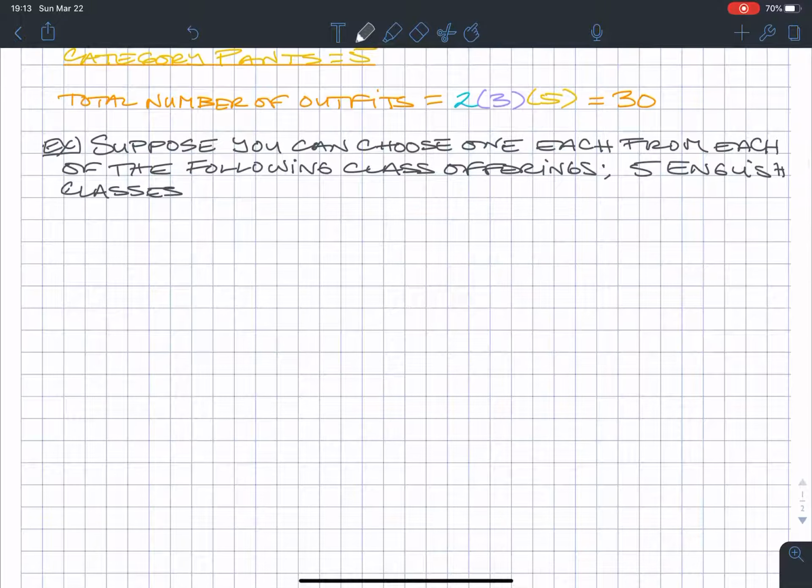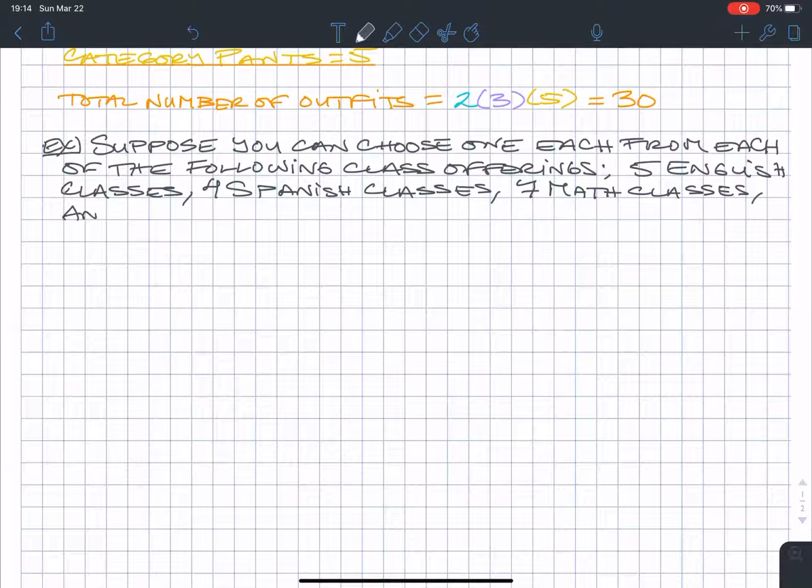Let's do 4 Spanish classes. Let's do 7 math classes. And 6 chemistry classes.